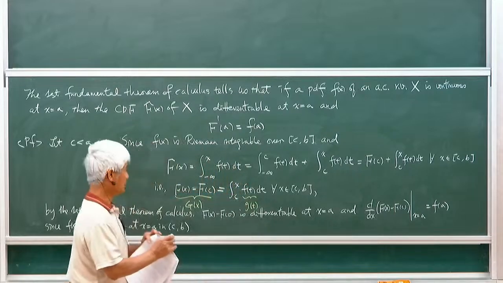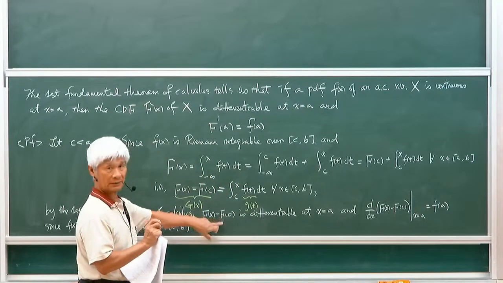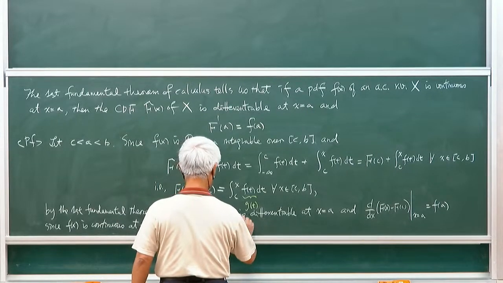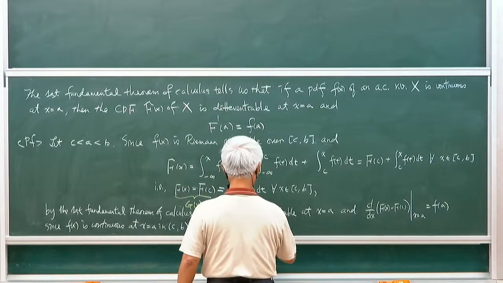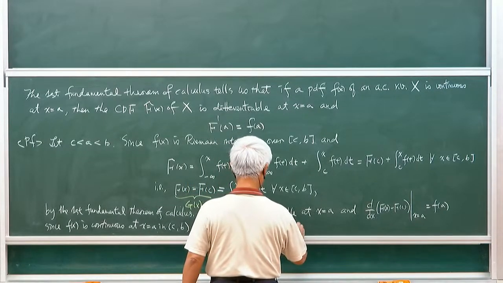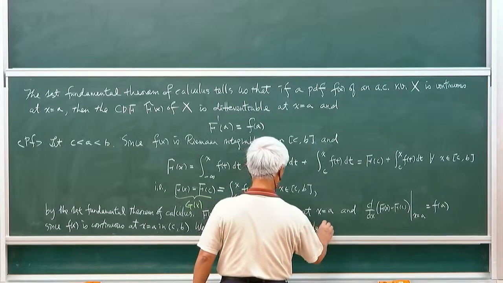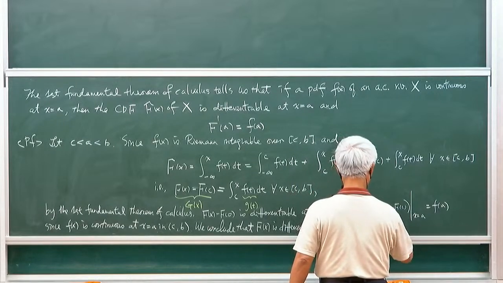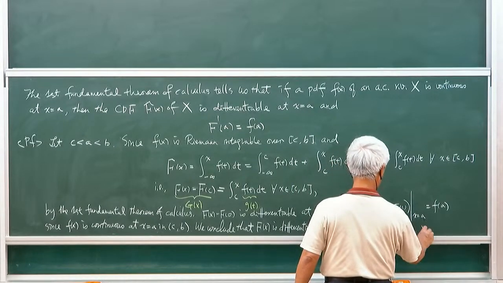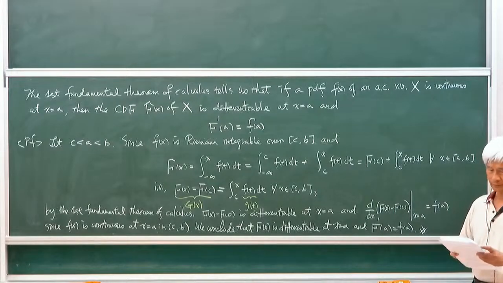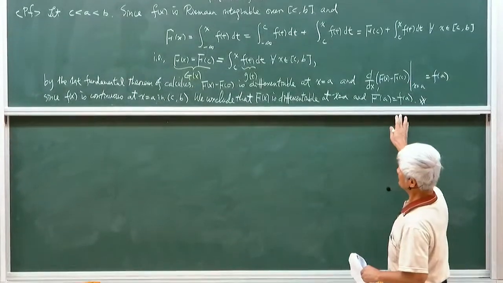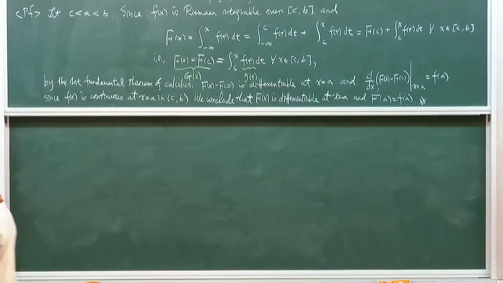Okay? So now this function is differentiable because this is f of x minus a constant. So we conclude that f of x is differentiable at x equal to a, and f prime of a is equal to f of a. All right.